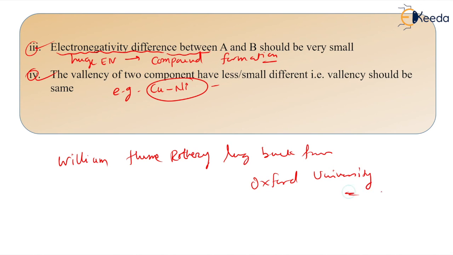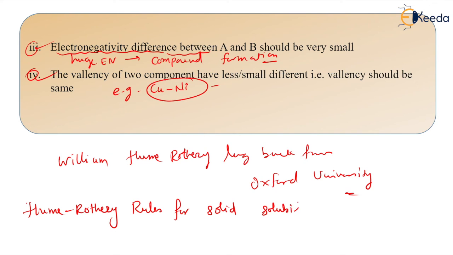So these rules are also known as the Hume-Rothery rules for solid solubility, or simply the Hume-Rothery rules.